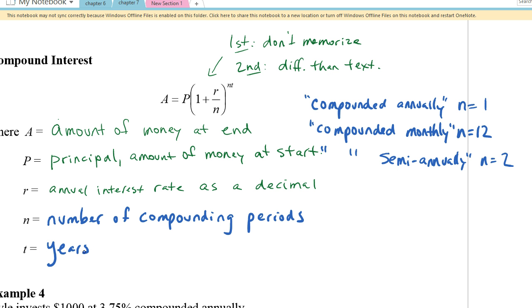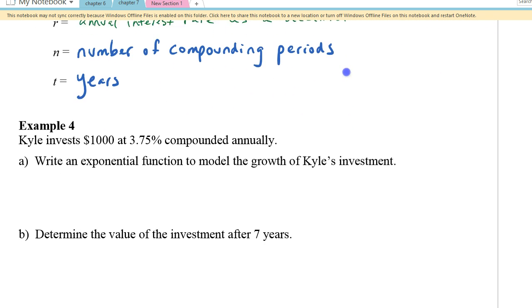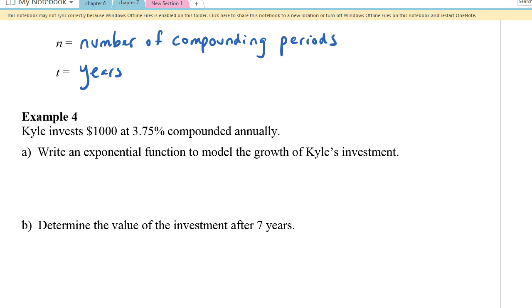So looking at that formula, let's do example number 4. Kyle invests $1,000 at 3.75% compounded annually. So in our formula, first of all, I can see that P, which is how much money we have to begin with, is going to be equal to 1,000. We don't know what A is. That's what we're going to try to find out.